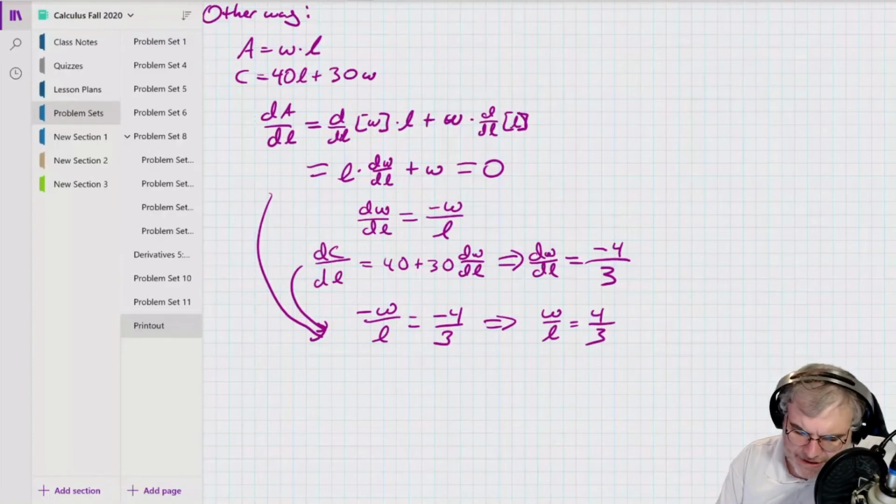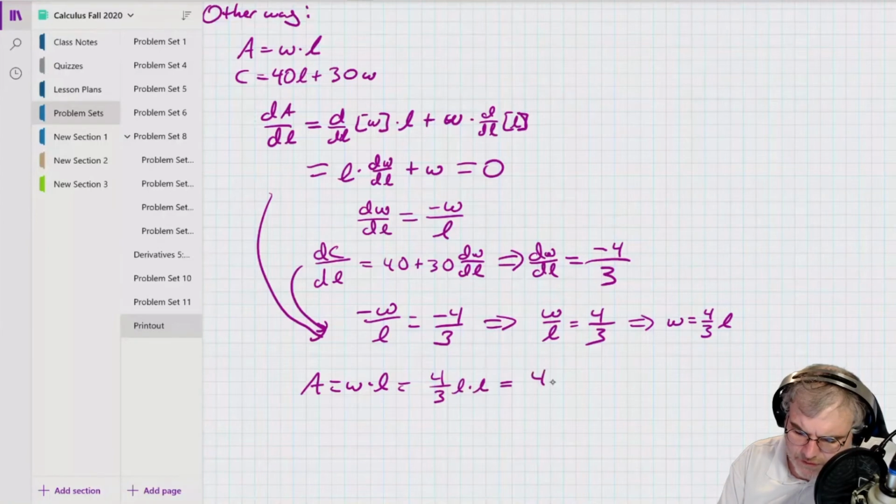Now I sub back in. I've got A equals W times L. So this means that W equals 4/3 L. So now I get that this is going to be 4 over 3 L times L, which equals 4 over 3 L squared.